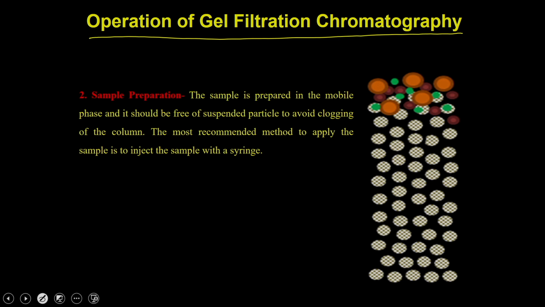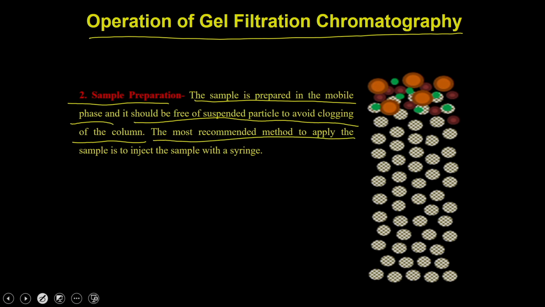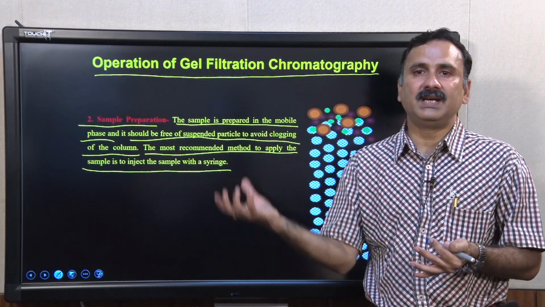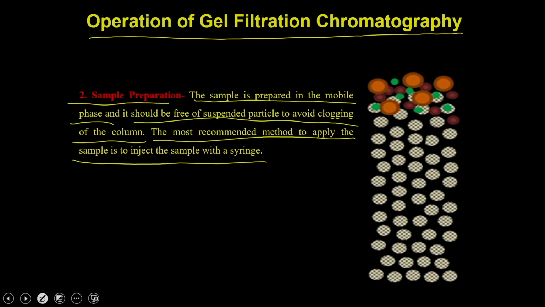You have to prepare the sample in the same way as the mobile phase, and it should be free of suspended particles to avoid clogging of the column. The most recommended way is to inject the sample with a syringe, so that it gets into the loop, and then the loop is going to inject the sample into the column.